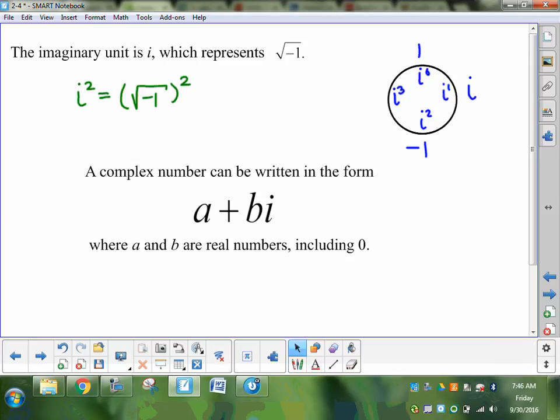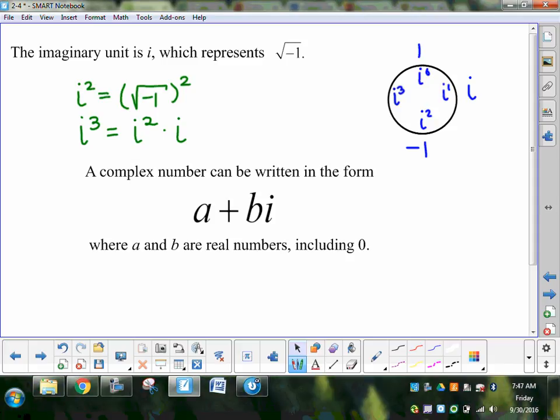i to the third is always a bit awkward, so I'm going to do this instead. In order to get i to the third, I'm going to take i squared times i. Are those equivalent to each other? Yeah. What replacement can I make if I separate it out into a product? What do I know the value of as it's written?